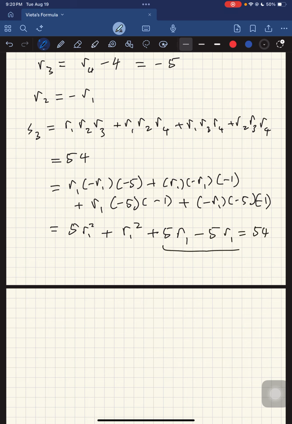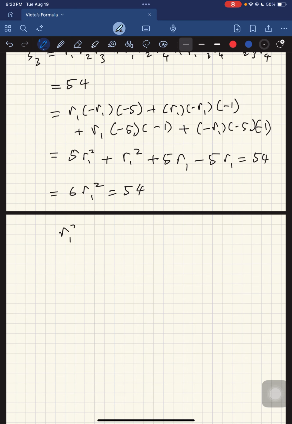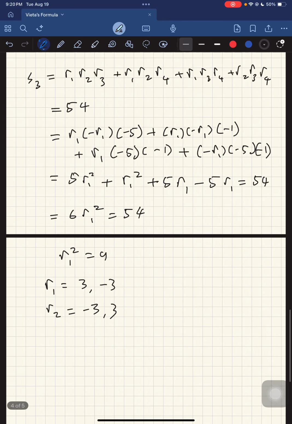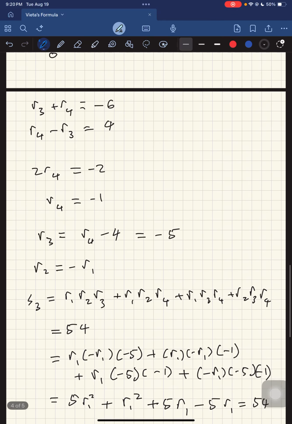And we can see that this cancels out, leaving us with 6R1 squared equal to 54. And so R1 squared is equal to 9. So that means R1 is equal to 3 or negative 3. And since R2 is negative R1, R2 is just going to be equal to negative 3 or 3, depending on what R1 is. And now we have what R1, R2, R3, R4 are.